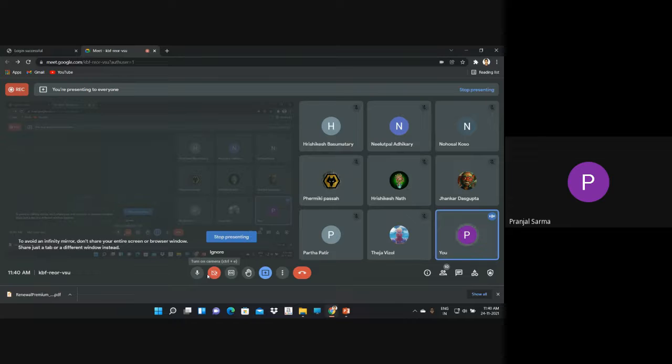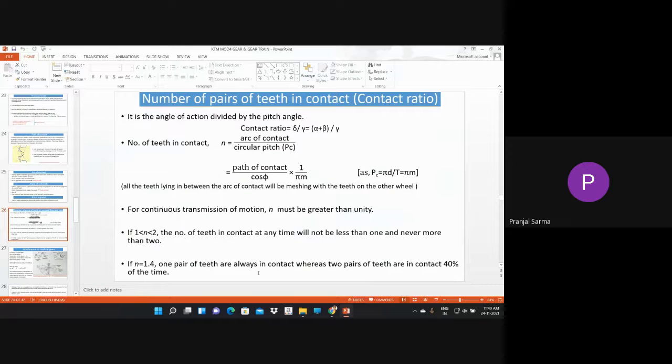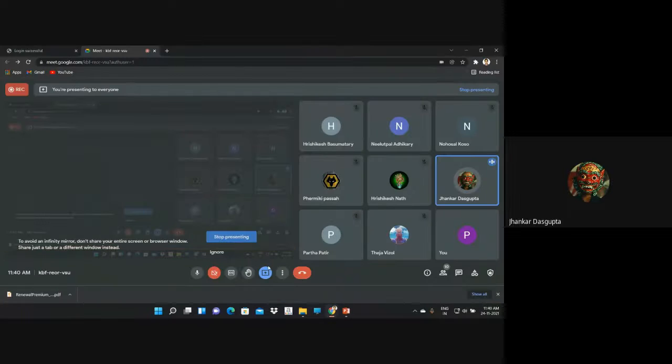Okay, so yes, I just got a call from the university side regarding some NAC visit. Sorry for that. So, 2.5 means, in 2.5, two pairs of teeth will always be in contact 100% of the time, whereas three pairs will be in contact 50% of the time. 0.5 means it is in between 2 and 3, right?